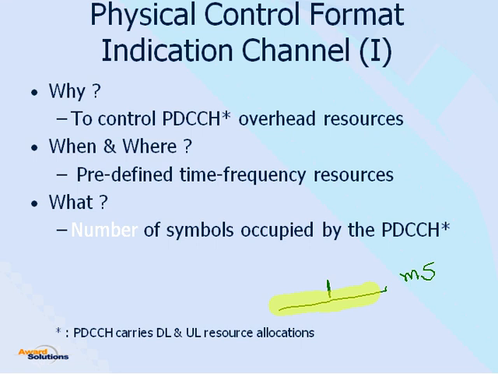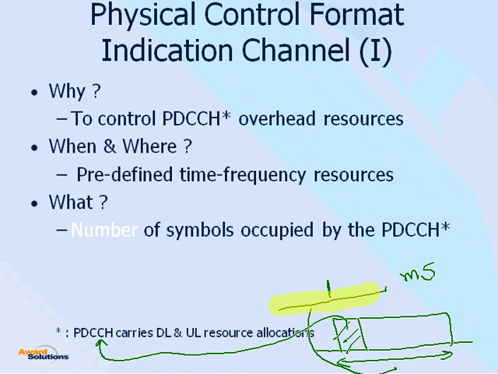The way to do that is, in the early part of the subframe, let's say a 1 millisecond subframe, the early part would contain the control channel, the so-called physical downlink control channel. Sorry about the acronyms, but we can never escape acronyms, right?